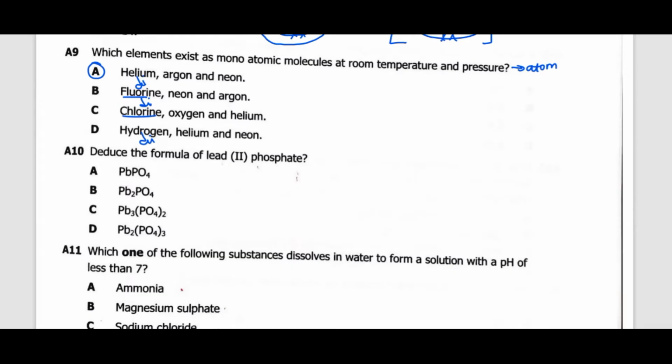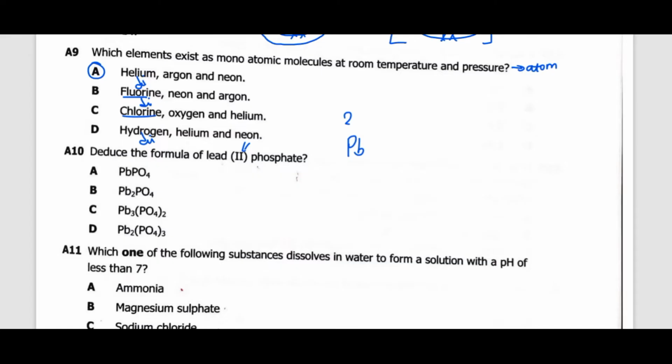Now let's look at question 10 here. Deduce the formula of lead(II) sulfate. So whenever you are given this number 2, this means that our lead must have the valency of 2. Then, I didn't say it right, I said sulfate, so this should be phosphate. I take that back.